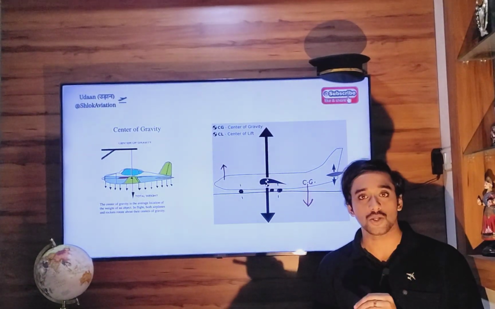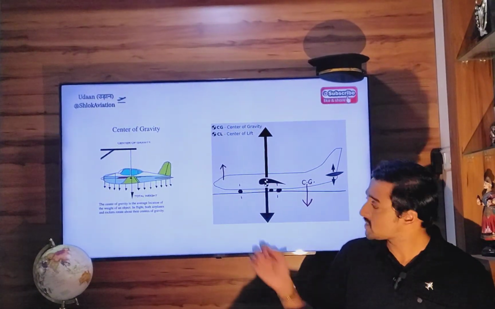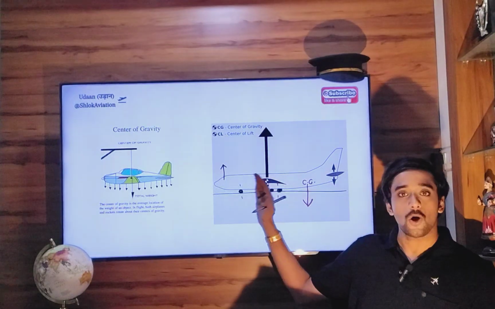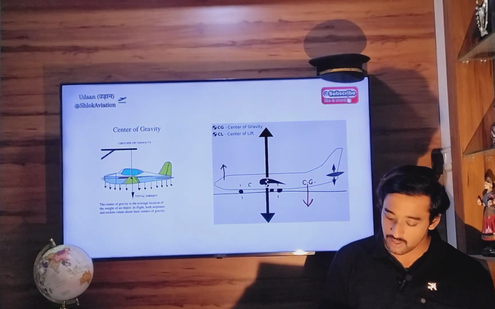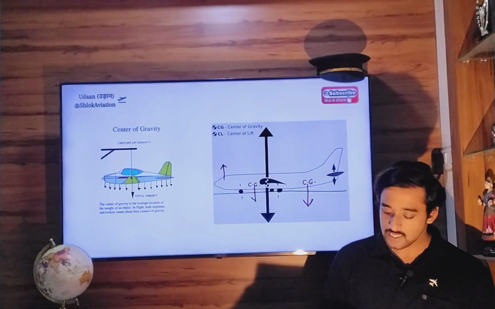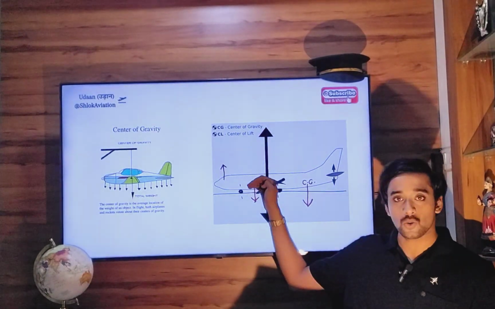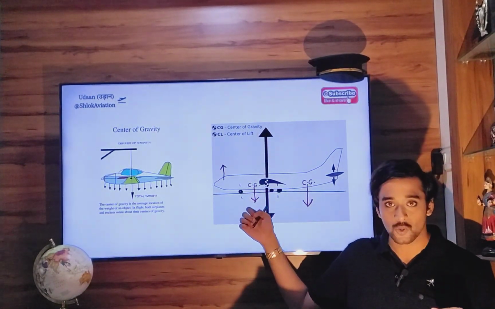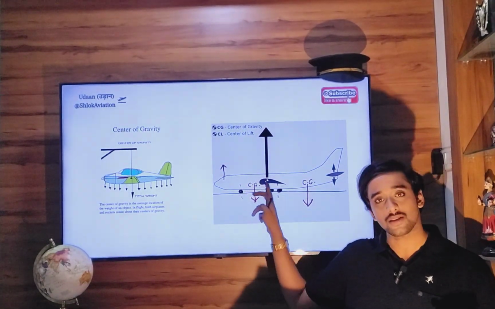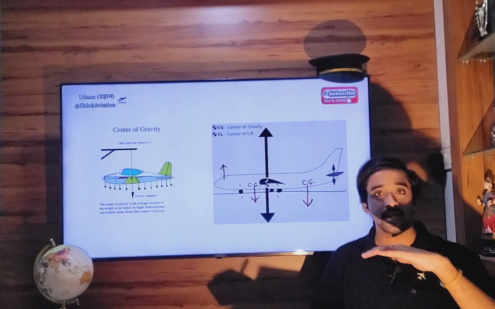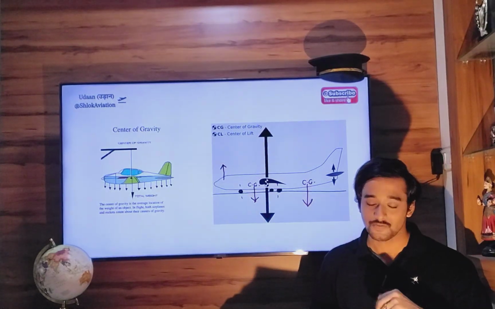That will be possible only when the center of gravity is anywhere between the limits of the nose wheel and main landing gear. So your center of gravity can be here, and the weight of the aircraft will act downwards in this region. This will enable the aircraft to remain in contact with the surface.